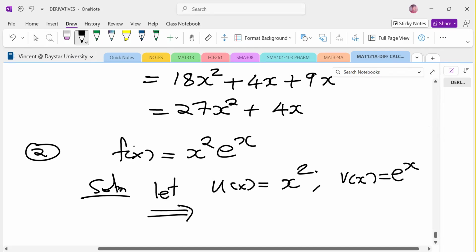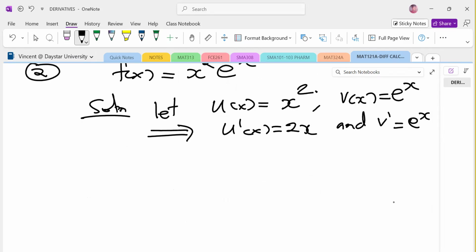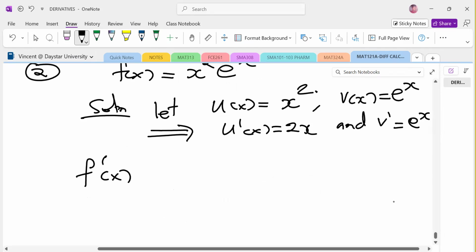So which implies u prime of x is given by 2x, and v prime is given by e power x, remains the same. So by definition, f prime of x is u prime v plus v prime u.